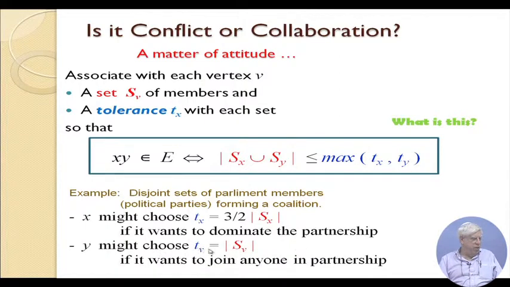And he might choose his own size if he wants to join anybody, like infinite tolerance, meaning that if his tolerance is equal to his size, he doesn't affect this at all. He never causes an edge. Bring them all in.